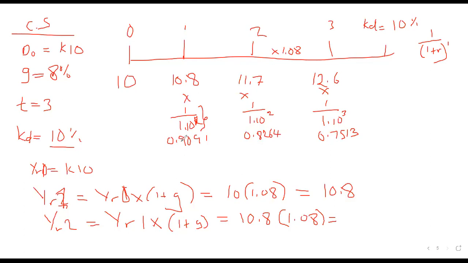We're multiplying. So 10.8 times 0.909 is 9.81.